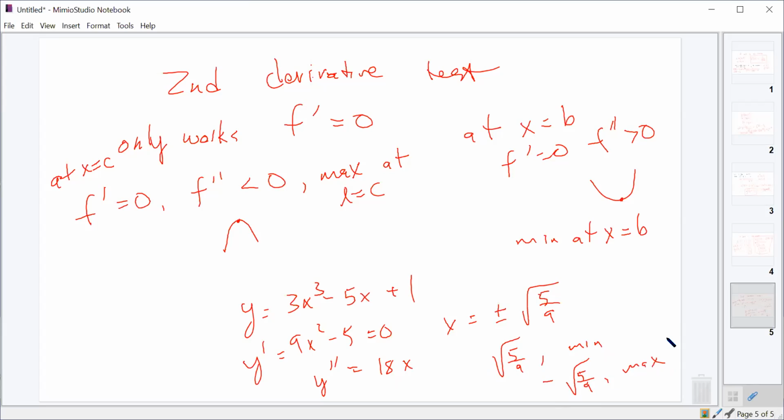Sometimes it's just convenient because the second derivative is super easy to take and evaluate. You might also want to use it if the values you're getting are annoying and you're not sure what values lie to the right or left of them for your sign chart, because you've got square roots of fractions for multiple different things. It might be easier to use the second derivative test.